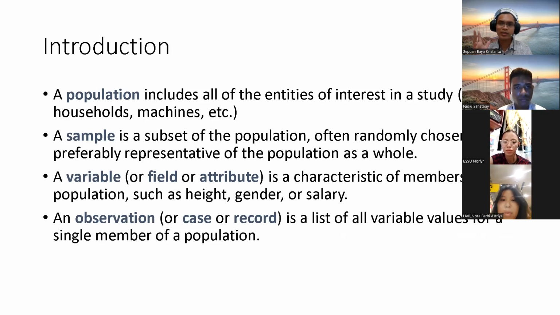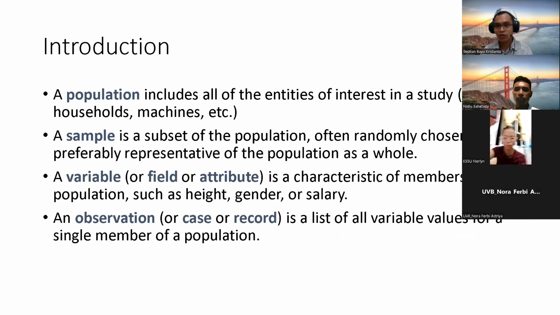Now we will talk about the basic terms in statistics and mathematics. Sometimes we hear about populations, maybe the Philippine population or the Indonesian population. We talk about the number of citizens. So a population is a kind of entity of people or numbers that have the same interest, like the number of machines, number of people, or number of ratios, or maybe the number of people in religions.